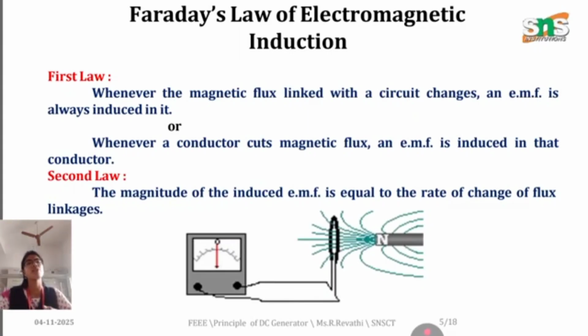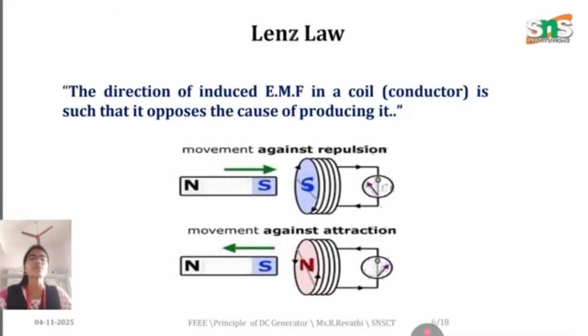If the rotating part does not cut the flux lines, no EMF is induced and the rotor doesn't rotate. The direction of induced EMF in a coil conductor is such that it opposes the cause of producing it.